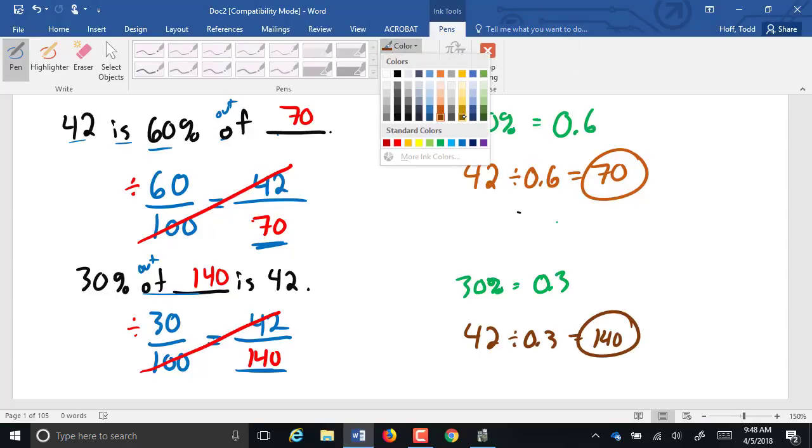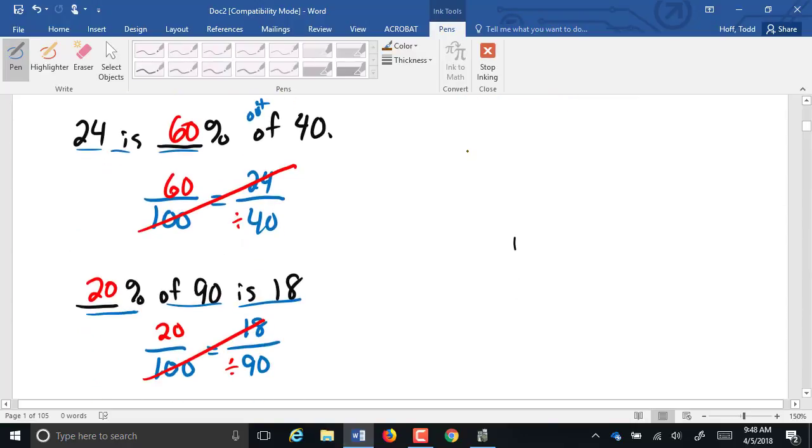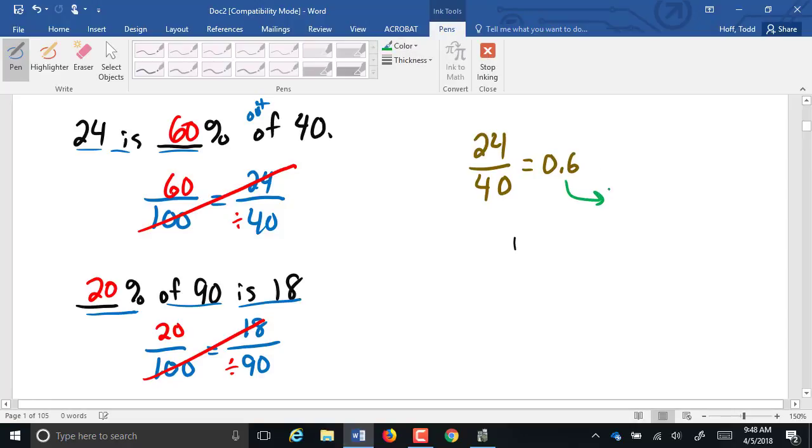And there's even a third possibility. When you're missing the percent here, you have to take the portion, the 24, divided by that whole amount or that base amount of 40 to get 0.6. Then you convert that rate into a percent.